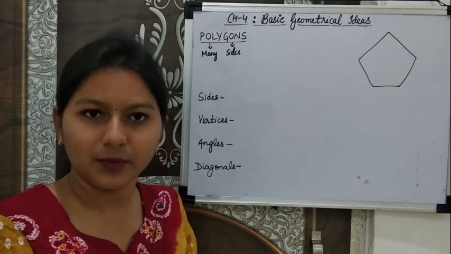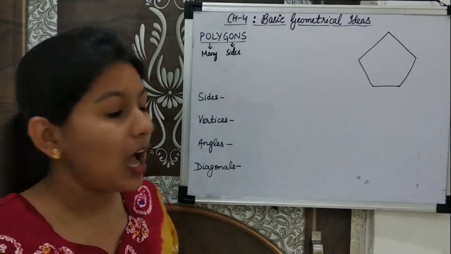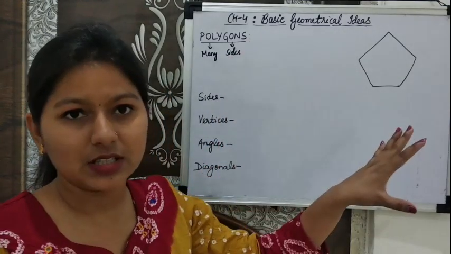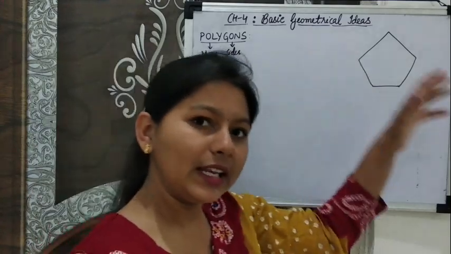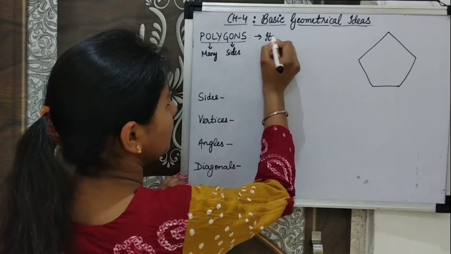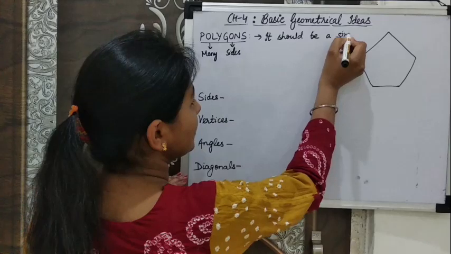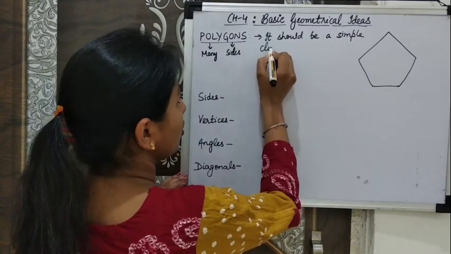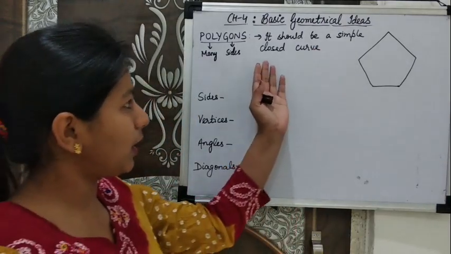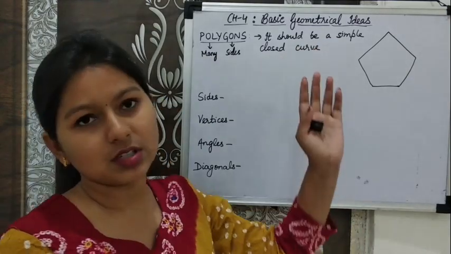Many sides can be, it will not be one. Definitely it is more than one. How much it will be, that we will discuss. Now I will write a few important conditions which are important for any figure to be a polygon. Number one, it should be a simple closed curve. In part 1 we have studied what is a closed curve, what is an open curve and what is a simple closed curve.